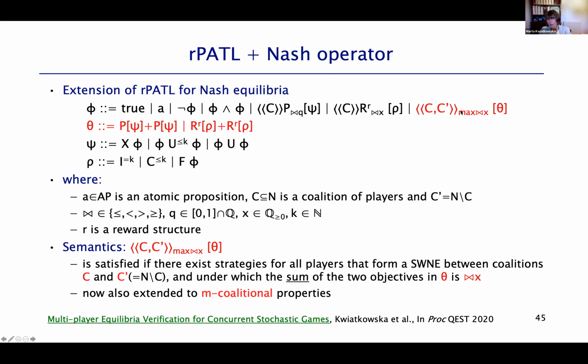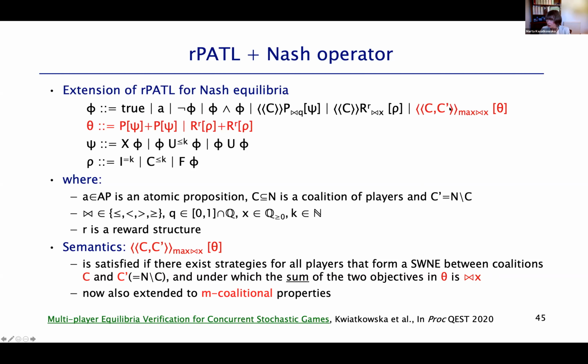The semantics for this new extension is that this property is satisfied if there exist strategies for all players that form a social welfare Nash equilibrium between coalitions and under which the sum of the 2 objectives meets the probability bound, either above some probability value or below, depending on the comparison operator.